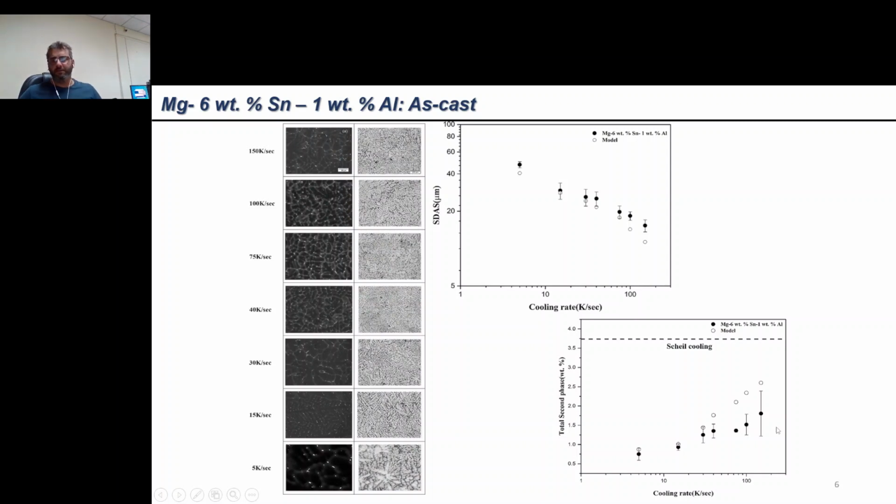So the solidification model has been extended to multi-component alloys as well, and we are regularly testing it with different alloy systems.